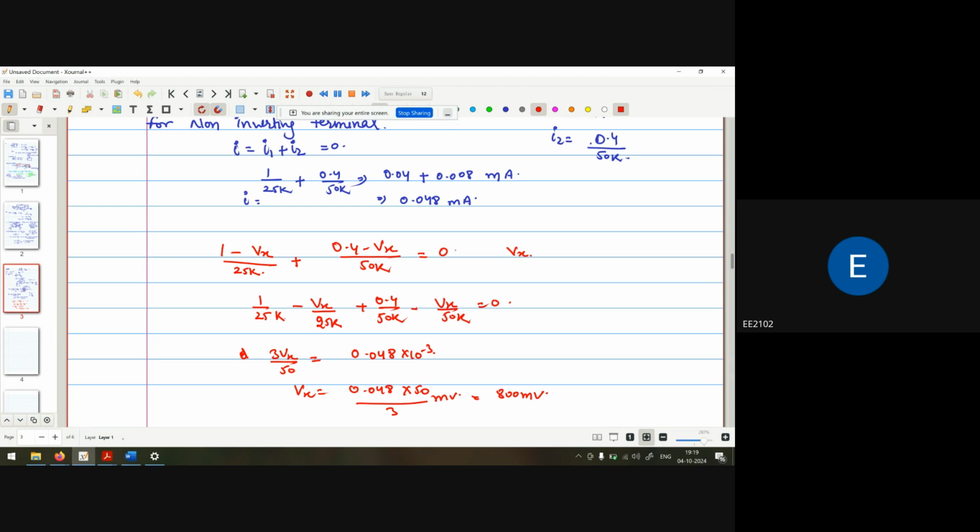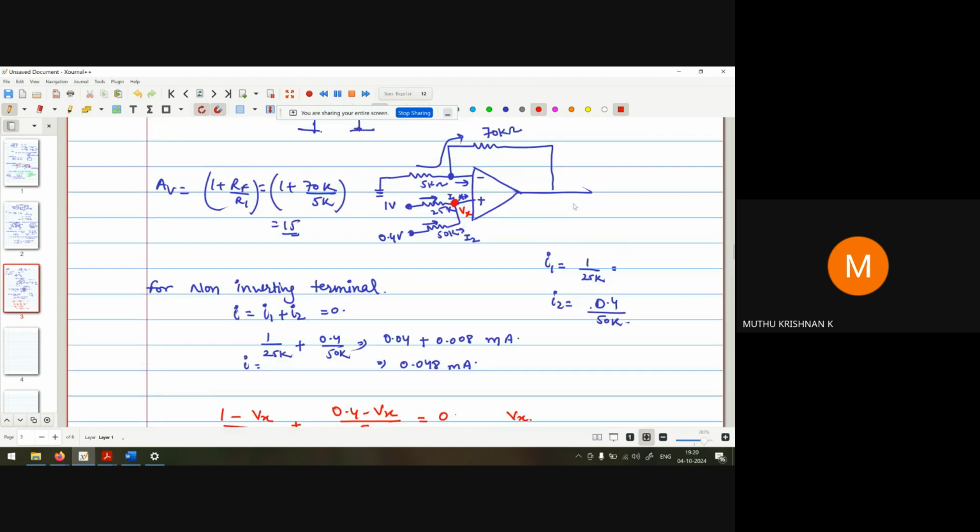Now, if this Vx is 800 millivolt, that means the voltage at the negative terminal point is also the same, 800 millivolt. Now, if the voltage at this point is 800 millivolts, what is the output voltage? If this voltage is 800 and this voltage is also 800, the current will be flowing from this direction.